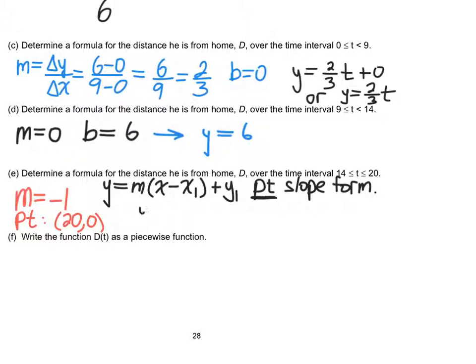So we would say y equals -1 times x minus 20 plus 0. All right, in which case we would simplify that down to y equals -x plus 20.